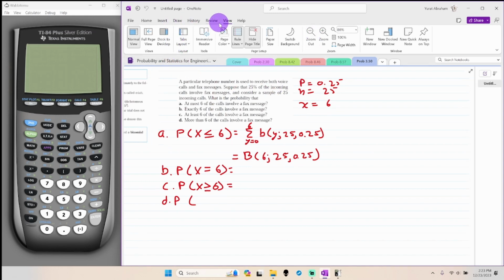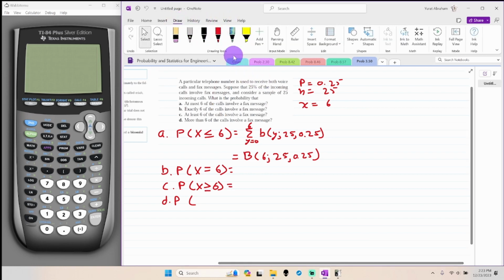Now, it's always helpful to draw a graph so you see what's going on.